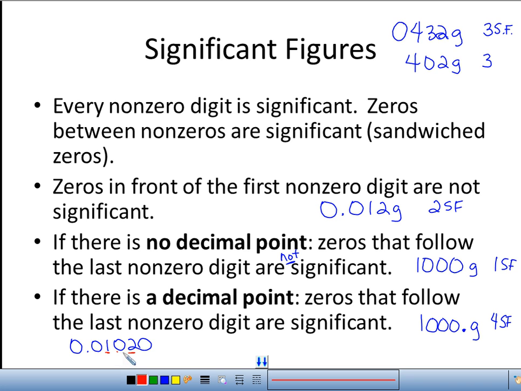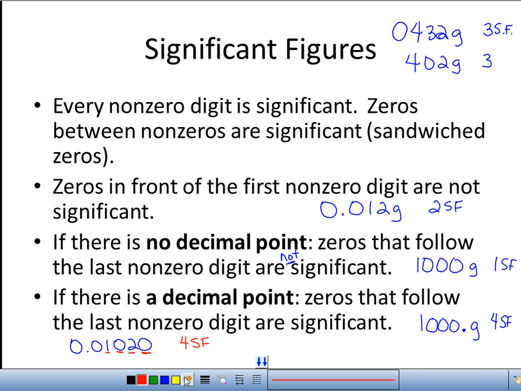So there's a sandwich 0, so that 0 is significant. Alright, zeros in front of the first non-zero digit are not significant. So these 2 zeros are not significant. And there is a decimal point. So since there is a decimal point, zeros that follow the last non-zero digit are significant. That means this one is significant. Therefore, this number has 4 sig figs.